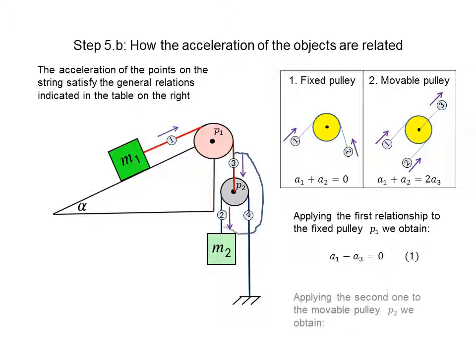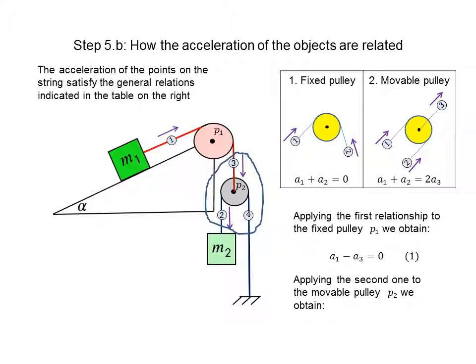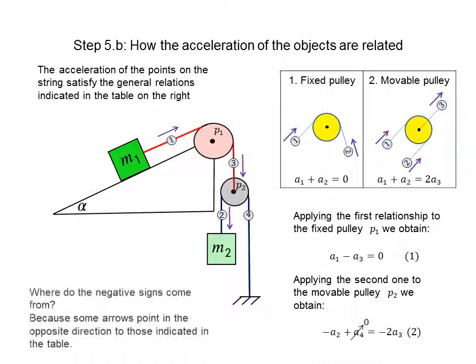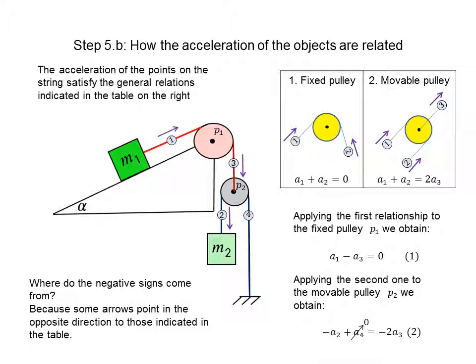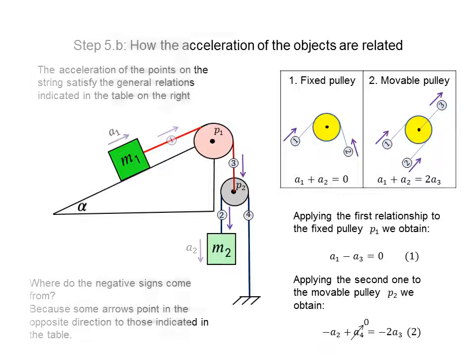Applying the second one to the movable pulley, P2, we obtain. Where do the negative signs come from? Because some arrows point in the opposite direction to those indicated in the table.